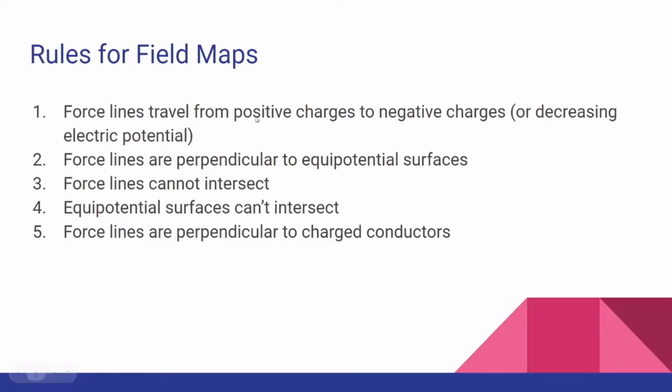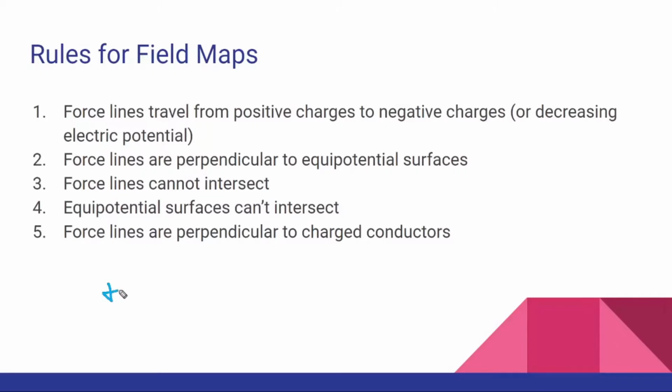There are some rules for electric field maps. The first rule: force lines travel from positive charges to negative charges, or by decreasing electric potential.